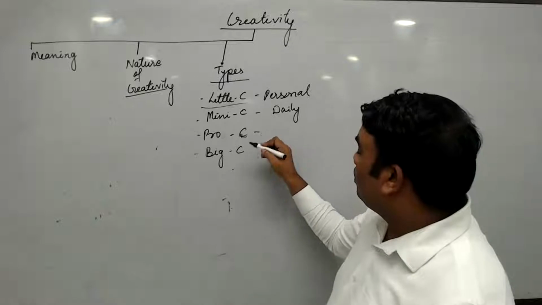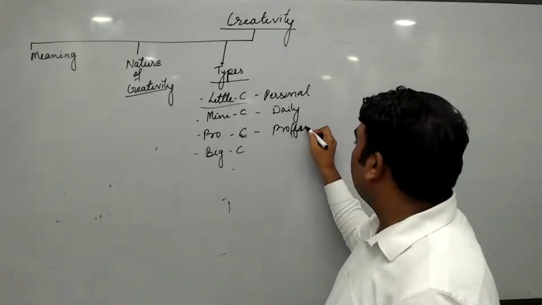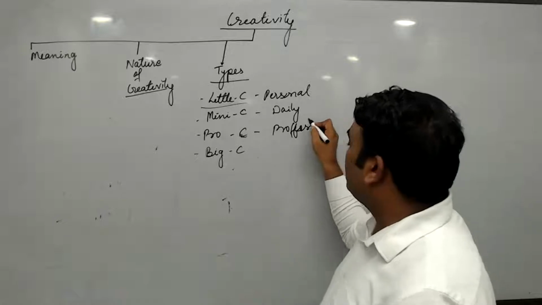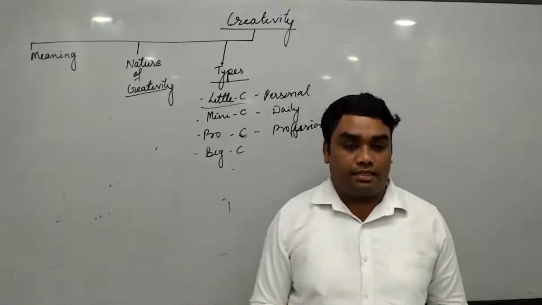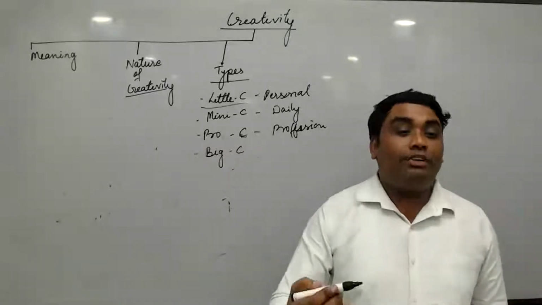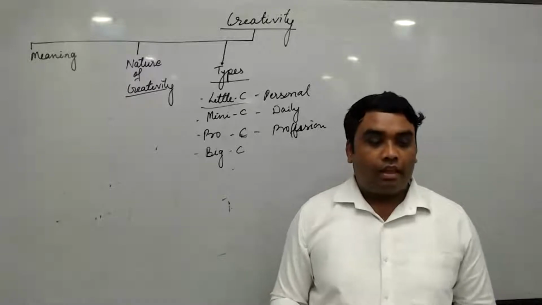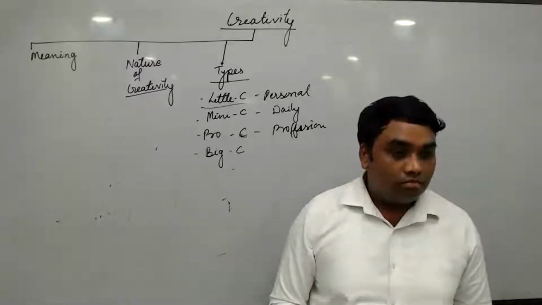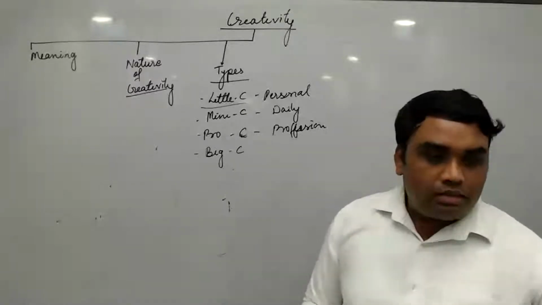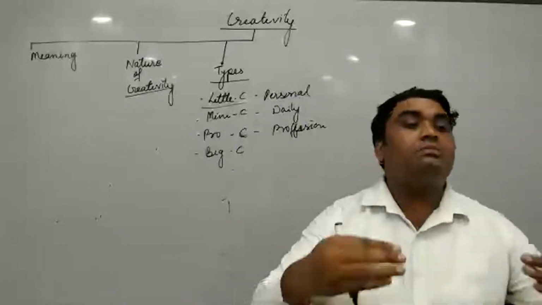Pro C is related to profession. In our profession, we change several things, like the way of teaching, I use it differently in different classes, different batches. Every professional changes or creates something new.